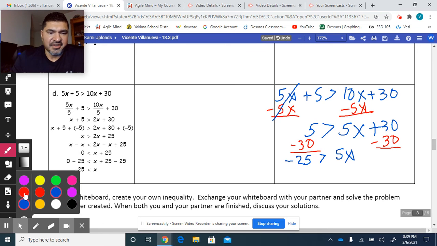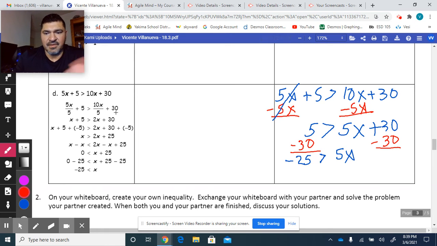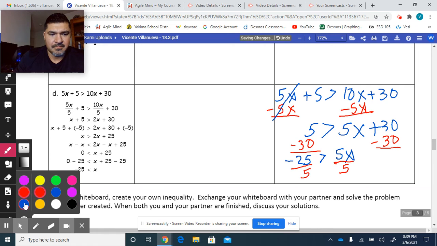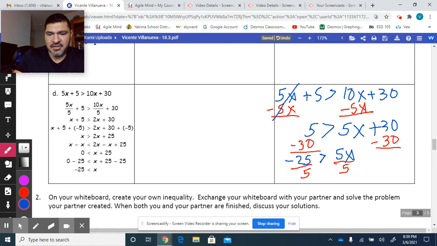Be thinking of the next step. The next step is to divide by 5. And negative 25 divided by 5 is negative 5, is greater than 5 divided by 5 is 1. 1 times x is x.